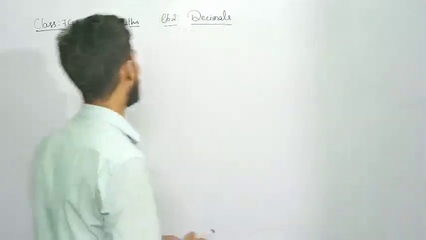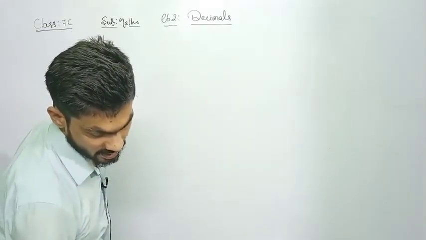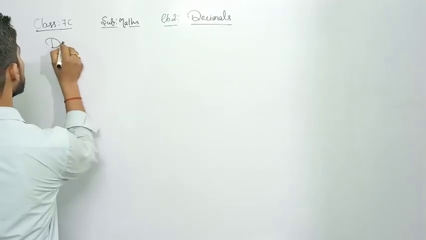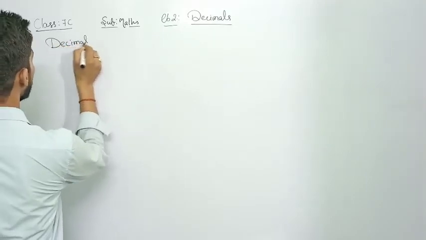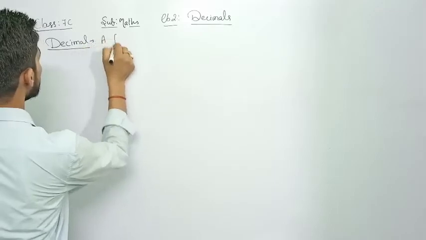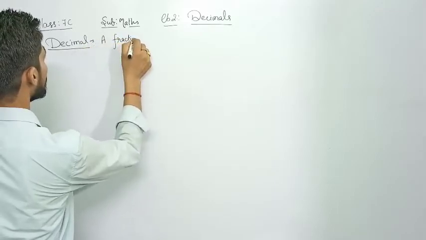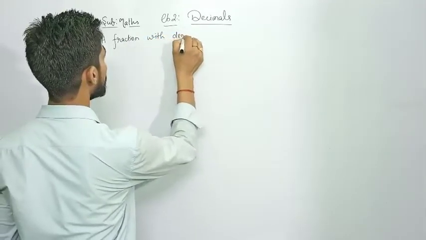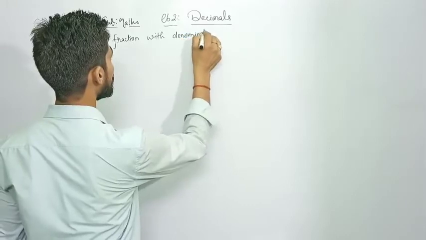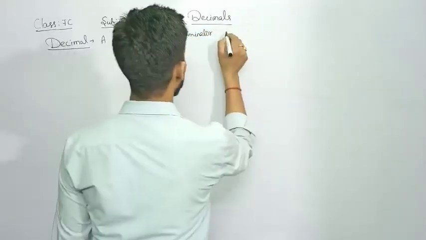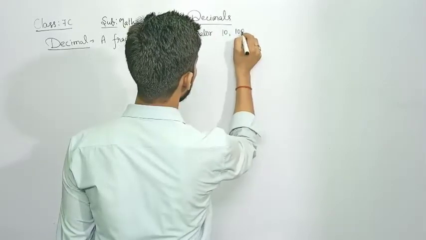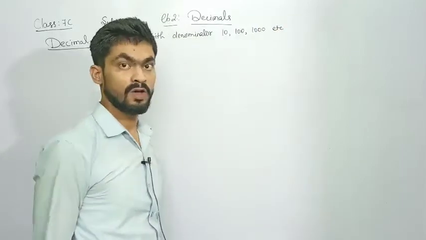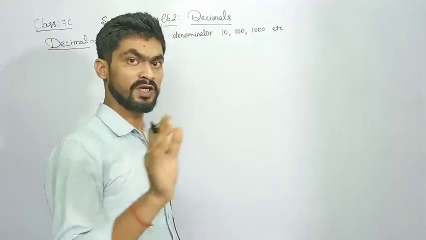So dear children, the decimal definition can be given as a fraction with a denominator 10, 100, 1000, etc. Whereas a fraction can have any denominator.